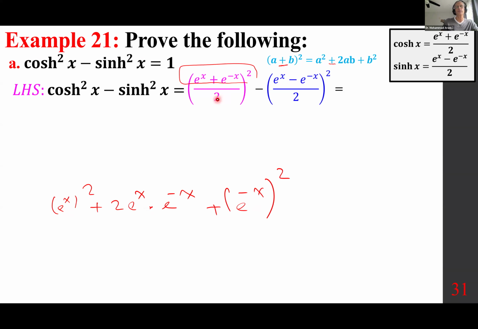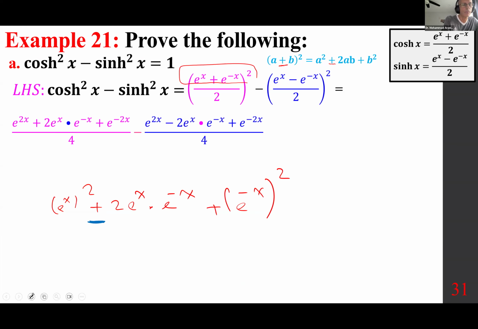What's the denominator? 4. Minus, when you go to this part, you repeat exactly the same thing, except since this is negative, you get negative here. So this is what you get: e to the power of 2x, 2 e to the power of x e to the power minus x, plus e to the power of minus 2x divided by 4, minus this one is identical to this one, except plus becomes minus.